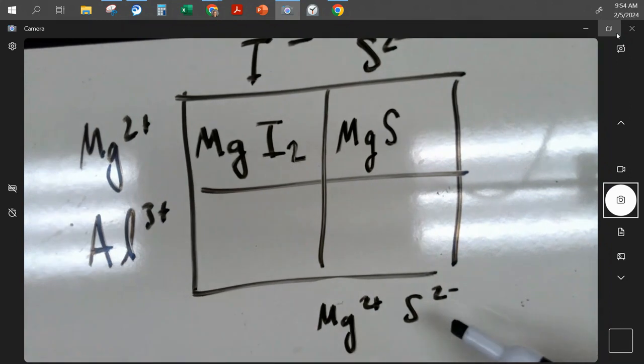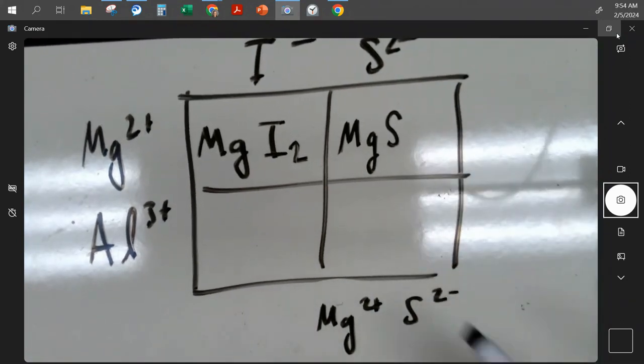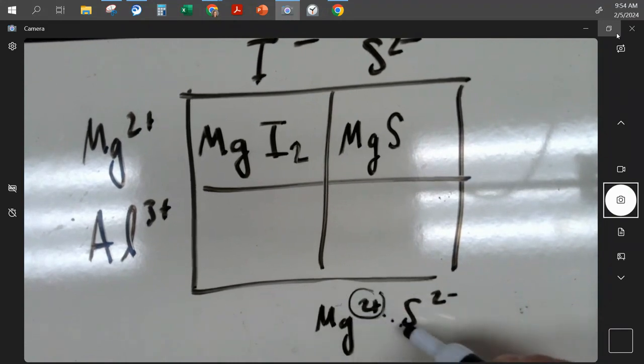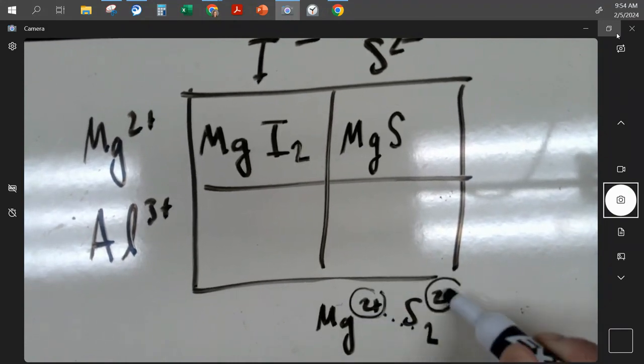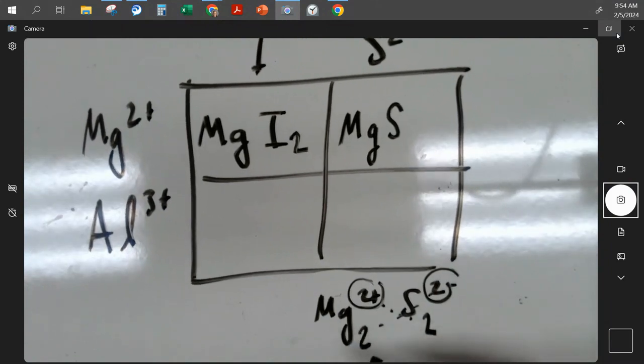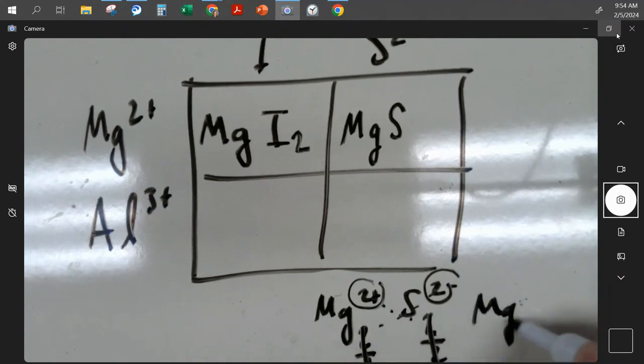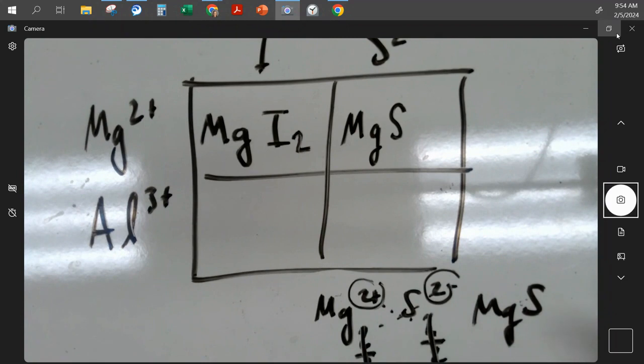They're going to cancel each other out. I just need 1 of each, 1 to 1. Or I can bring the 2 down. I need 2 sulfurs for 2 magnesiums, but now I have to simplify. There's a 2 here. I can divide both by 2. So our final answer would be MgS. All right, so that's my second one.